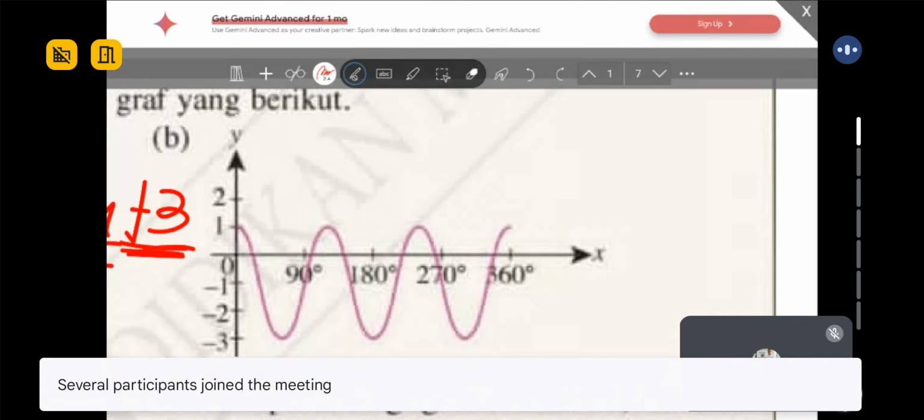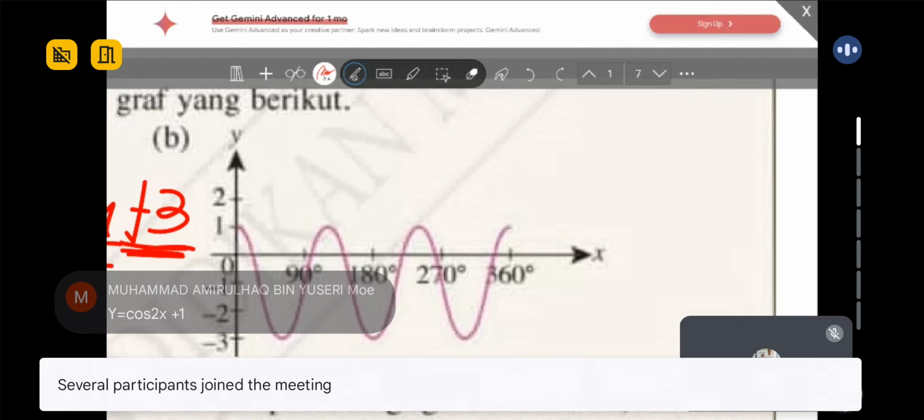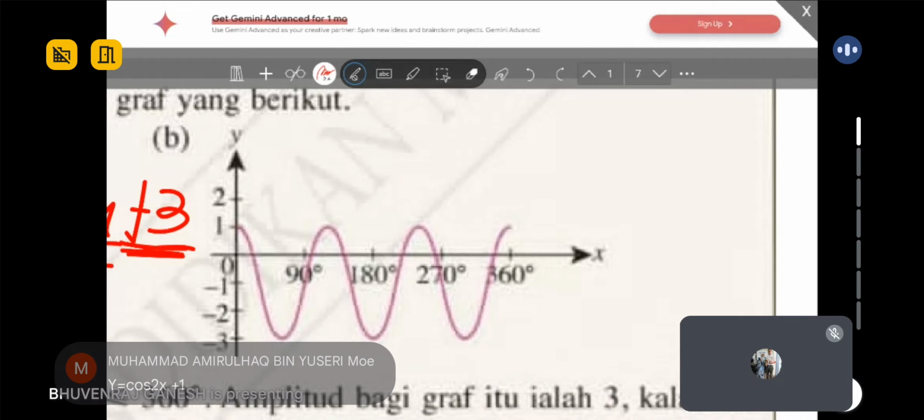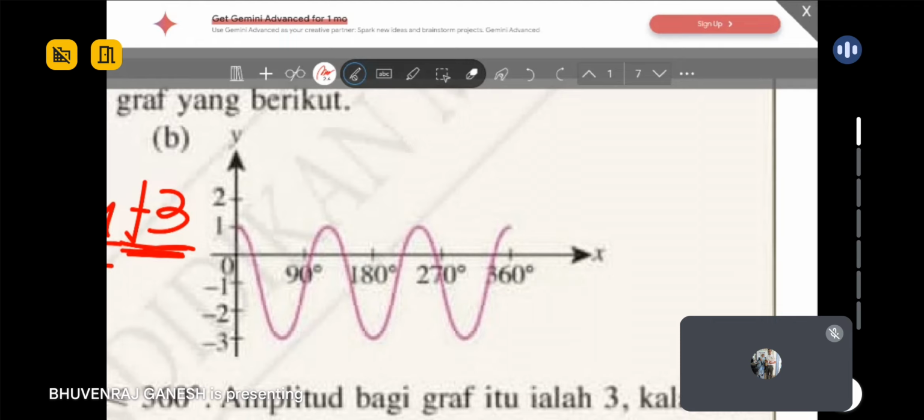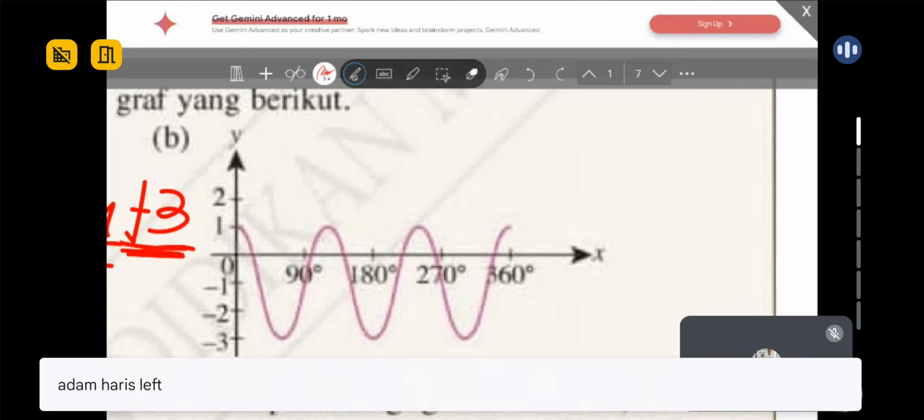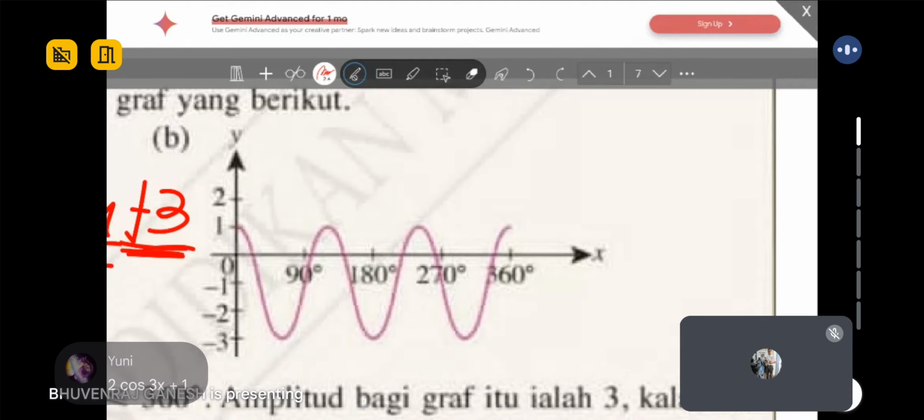So anyone? Ada jawapan? Do you have the answer? Y equal cos 2x plus 1. Bukan? No, no, no. Try and see again. Cuba sekali lagi. Guys, first of all, you must see the B value. Okay, tengok nilai B dulu guys. B tu mewakili bilangan kitaran lengkap. Betul?